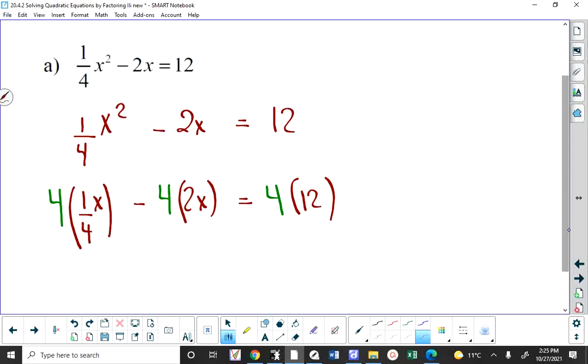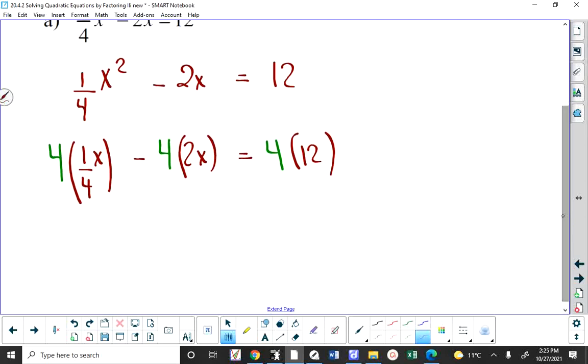So what happens when I multiply the 1/4 x squared by 4 is the 4 over the 4 cancels, and I'm left with x squared. 4 times 2x is 8x equals 48, 4 times 12.